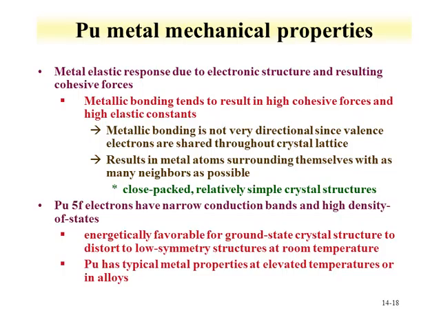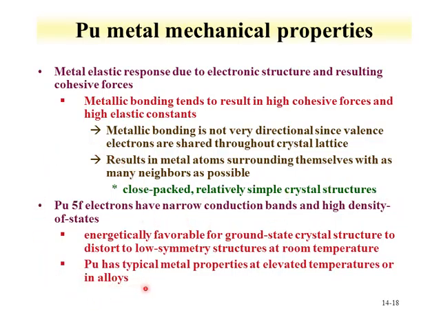Now, metallic bonding is not very directional, right? Since the electrons that these metal ions are sharing should be shared throughout the lattice. So this results in metal atoms that surround themselves with as many neighbors as possible, so they're close packed and relatively simple structures. Now, as we've already seen with the plutonium 5F electrons, they have relatively narrow conducting bands with high densities of states.